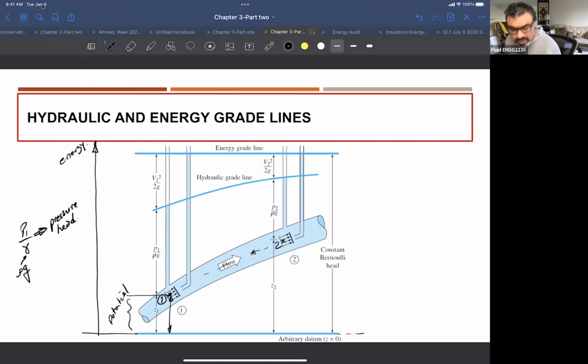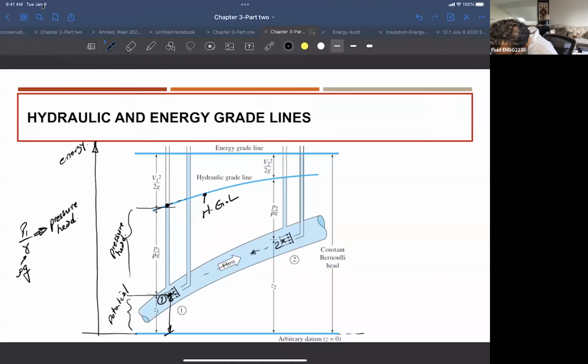The pressure divided by rho g will give you a unit of meter, which means that I can now call P over gamma, or P over rho g, your pressure head. So the term of the potential plus the term of the pressure, imagine now we have this pressure equal to this distance here. This term here refers to the pressure head.